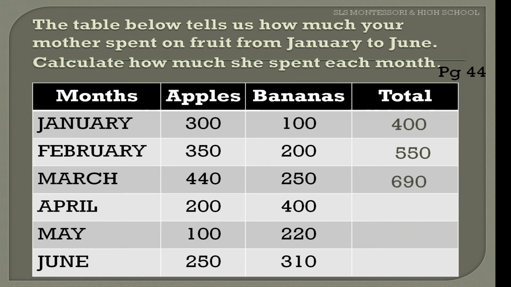In March, she spent 440 rupees on apples and bananas for 250. How much she spent in the month of March? Yes, 690. In this way, you have to calculate the answers of April, May, and June by adding two numbers.